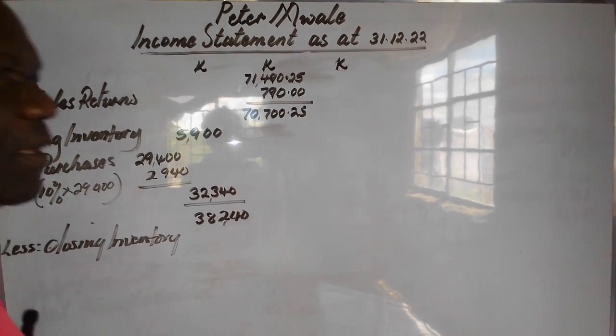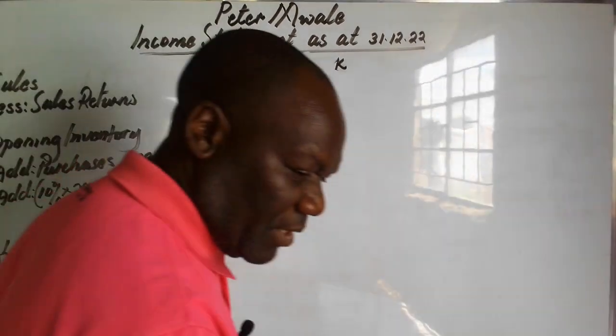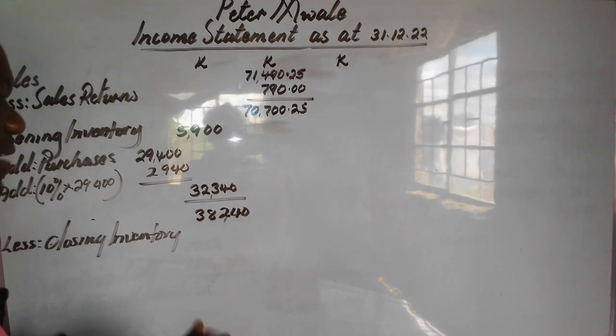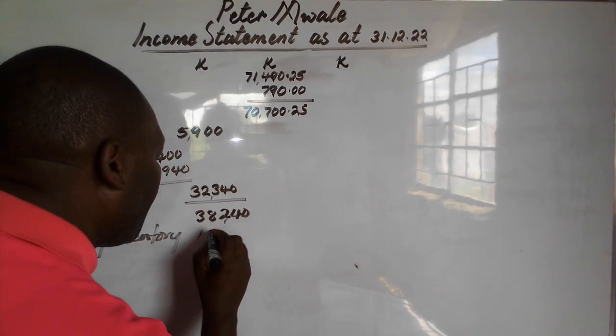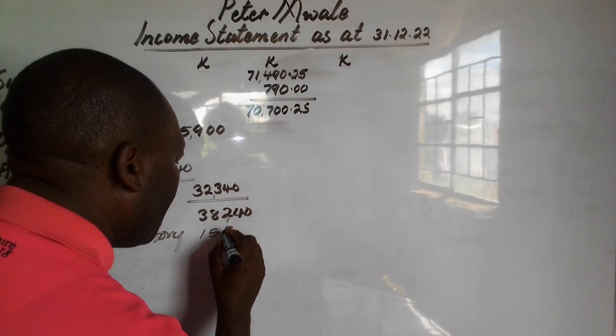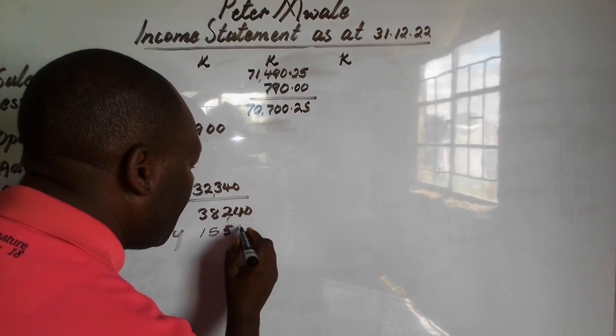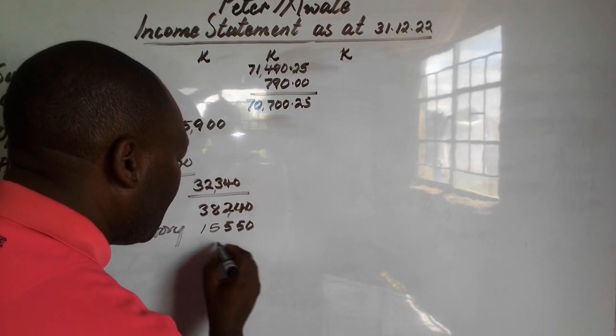The closing inventory figure according to the question is 15,550.